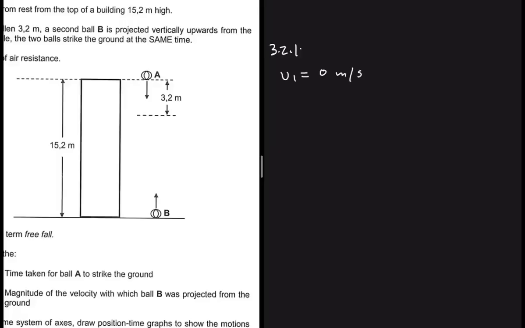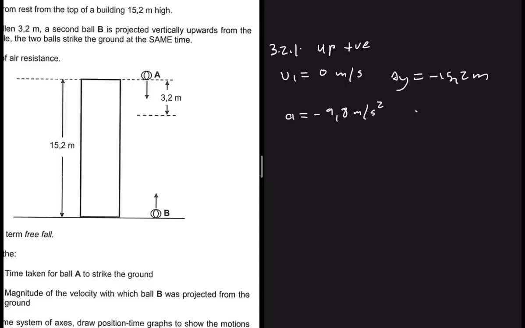Right, and we have delta Y. So let's take up as positive. If we take up as positive, then delta Y should be equal to minus 15.2 meters when our object strikes the ground. Another piece of information we have is the acceleration, as we always do, minus 9.8 meters per second squared.